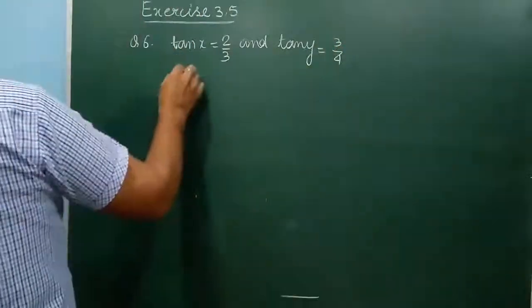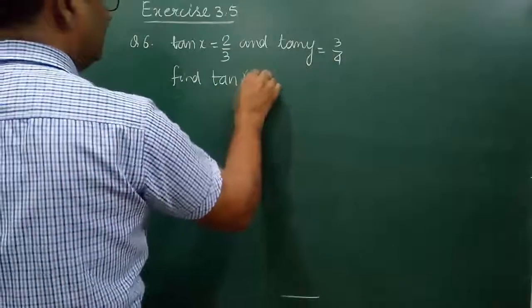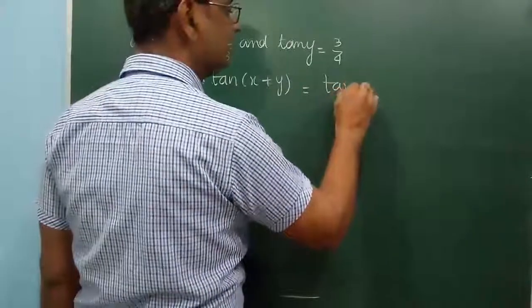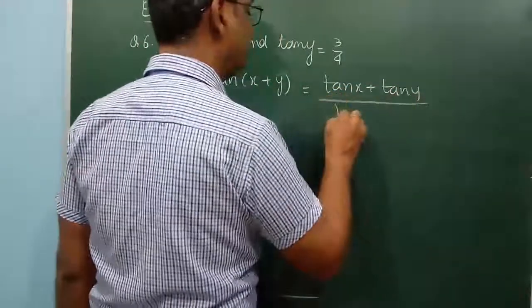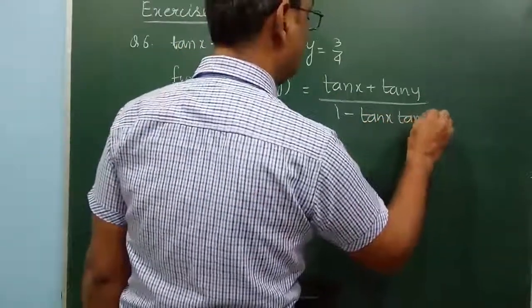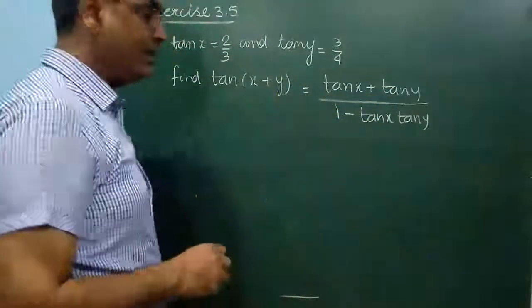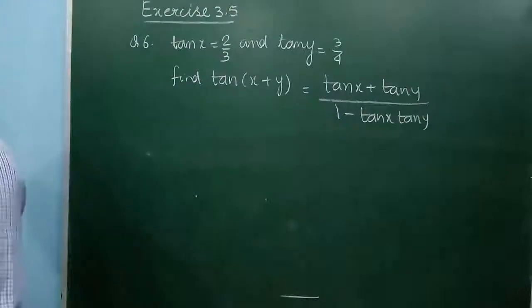Find tan x plus y. We know the value of this is tan x plus tan y upon 1 minus tan x tan y. Now you put the values of tan x and tan y here and you will get the answer. So this you have to do on your own.